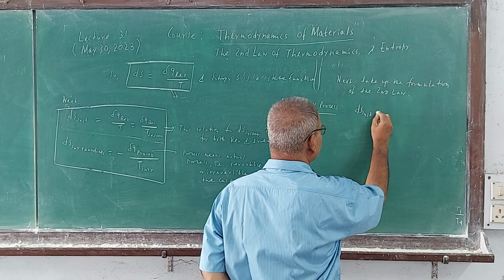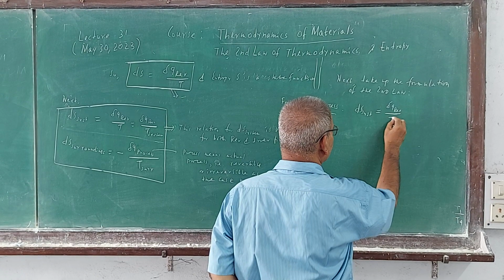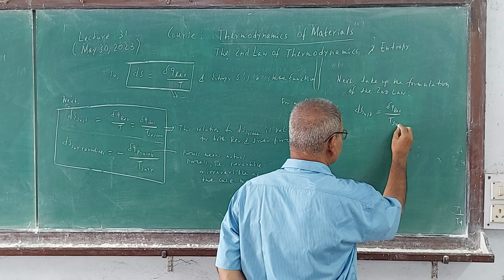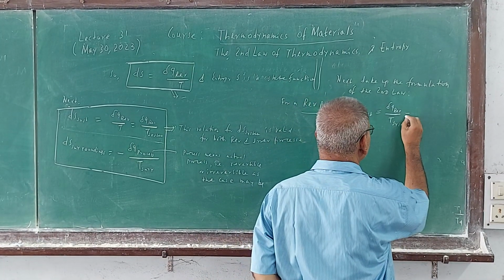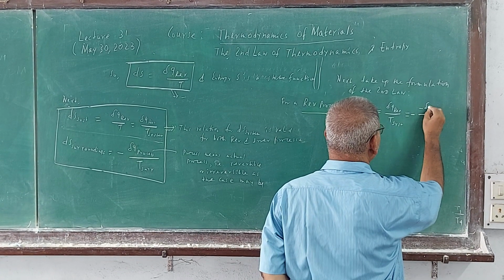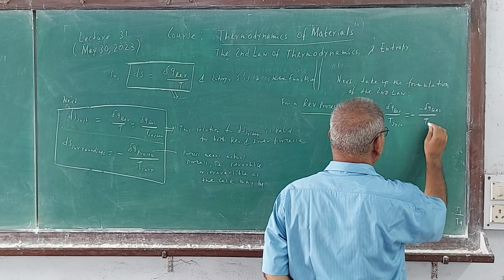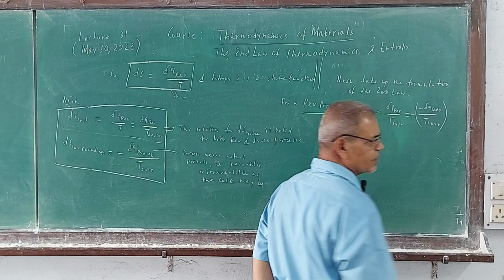Write nicely: dq reversible by T system, as I have already shown you. Then dS surrounding is minus dq reversible by T surrounding. Will you buy this? Check this.